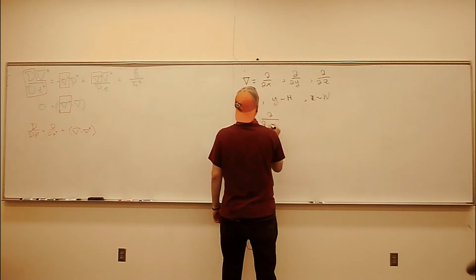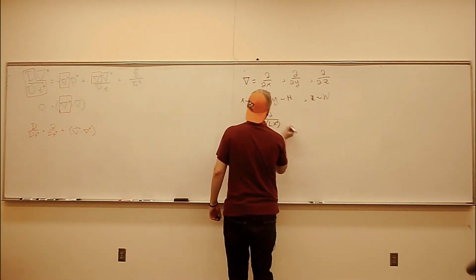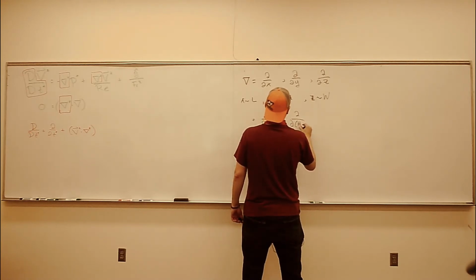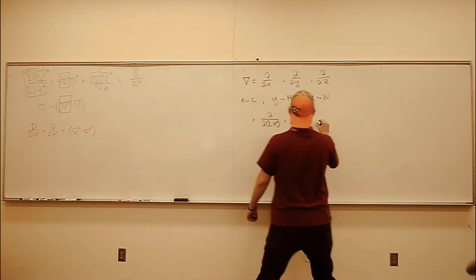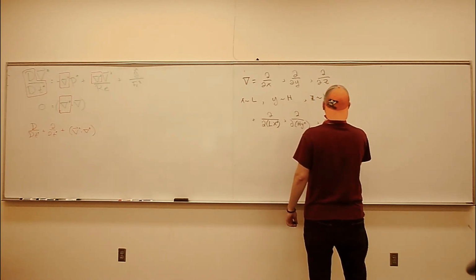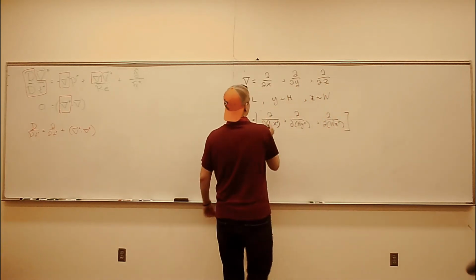So now my x is an L times x star, and here I'd have an H times y star, and this is a W times z star. All I've done is this substitution.